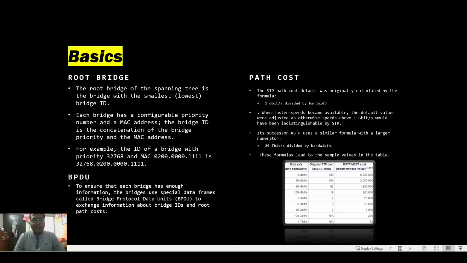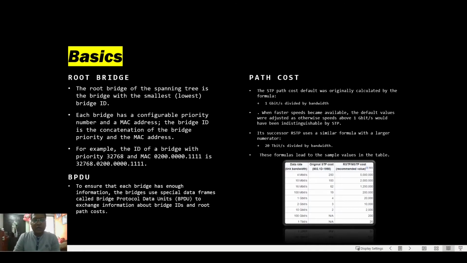For example, the ID of a bridge with priority 32768 and the MAC address as given, the concatenation will be as follows, as you can see on the slide. What is BPDU? To ensure that each bridge has enough information, the bridges use special data frames called bridge protocol data units to exchange information about bridge IDs and root path cost.